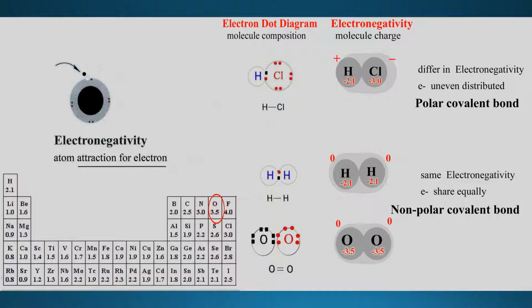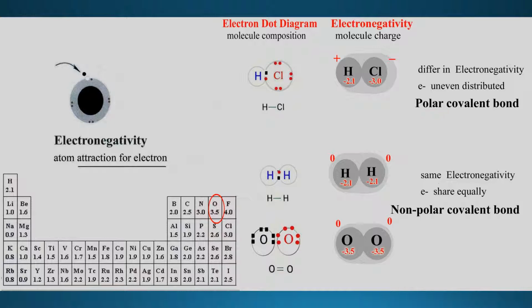So students, now you have learned about the covalent bond molecule. If they have a difference in electronegativities, it will cause them to become polar, making a polar covalent bond.